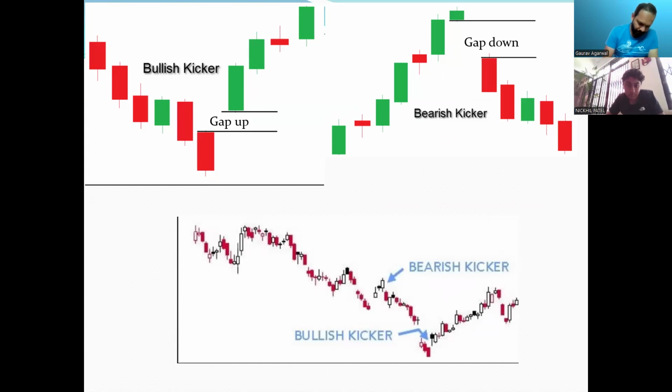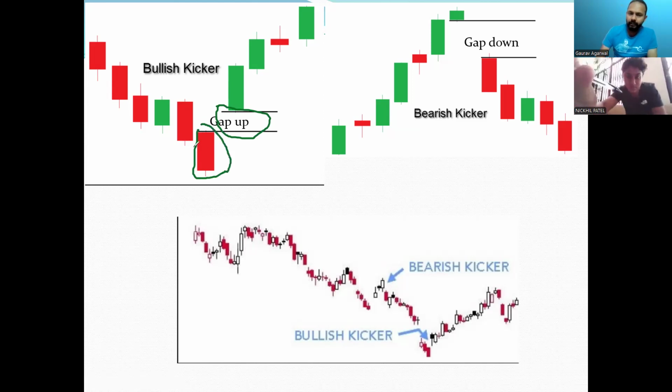Okay. Bullish kicker. Yeah, I haven't heard about that. So bullish kicker is basically a two candle pattern, right? These two candles. So at that time you were asking about the gap up, right? Yes, I was asking about that. So if the previous day we have this kind of closing and the next day we have a gap up opening, then this pattern is called bullish kicker. Oh, okay.